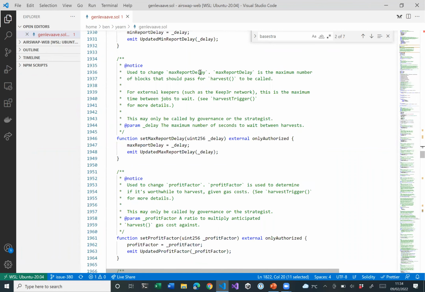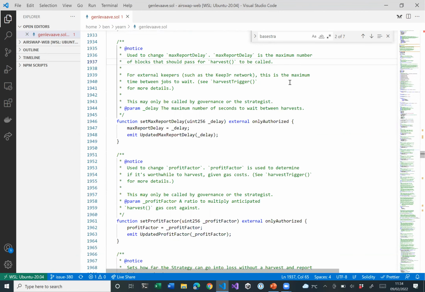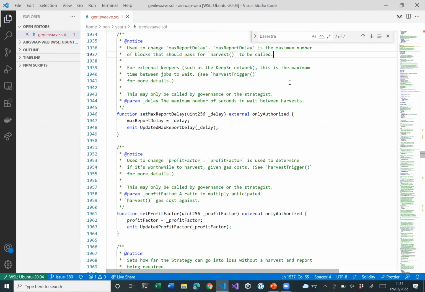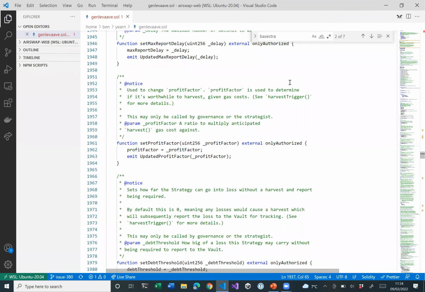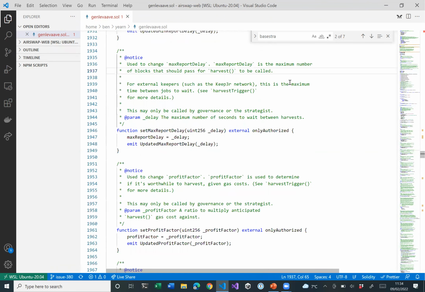This is used to change the max report delay, which is the maximum number of blocks that should pass before harvest is called. Okay, so this is sort of when you harvest your returns and you do another loop. Oh, I think keeper's job is to harvest the reward, right? For external keepers, this is the maximum time between jobs to wait. See harvest trigger.